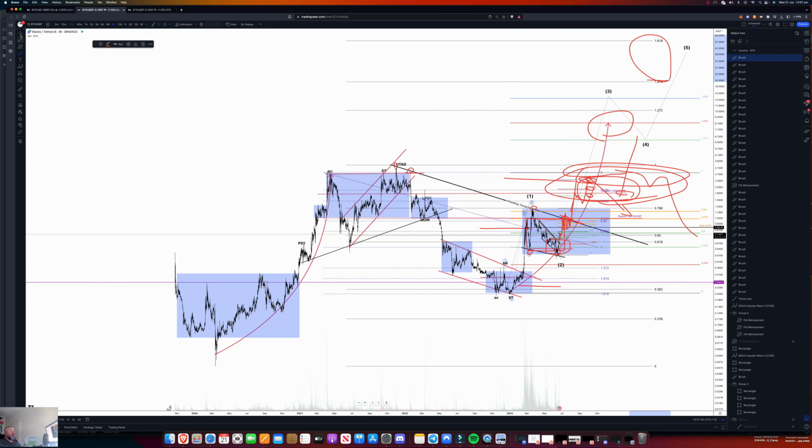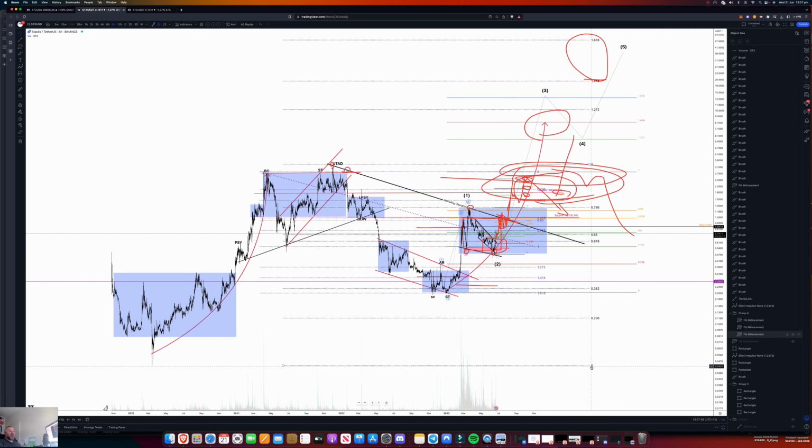Now how do I get that wave 5? Well, you can see if that's our 0 and that's our 1, then we've got 1.272, 1.414 and 1.618. So if this is our initial run, that could be our seasonal top, somewhere there, pull back.